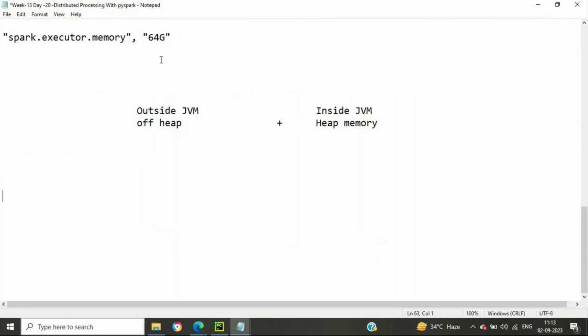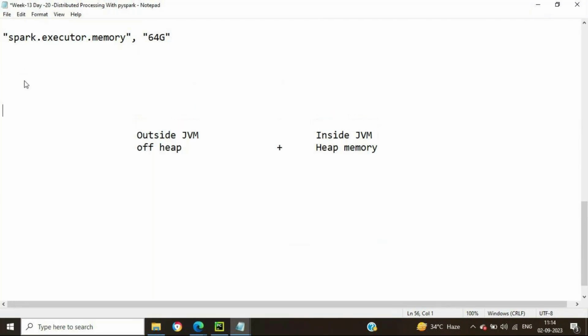Now let me take an example, say 8 GB: spark.executor.memory 8G. For the off-heap memory, there is a calculation: it will be 10% of heap memory, or 384 megabytes.